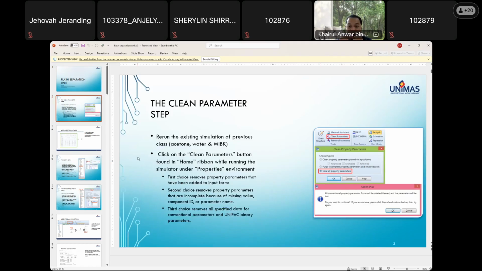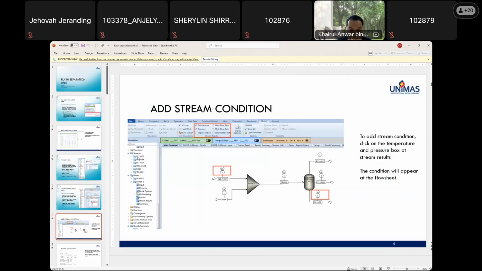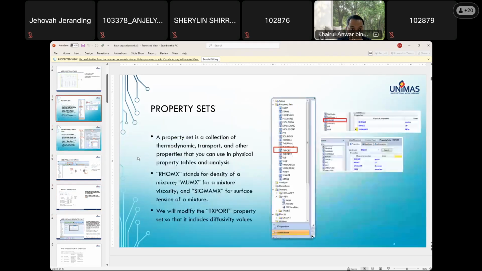Since you are using acetone, water, and MIBK again, we need to clean the parameter before.